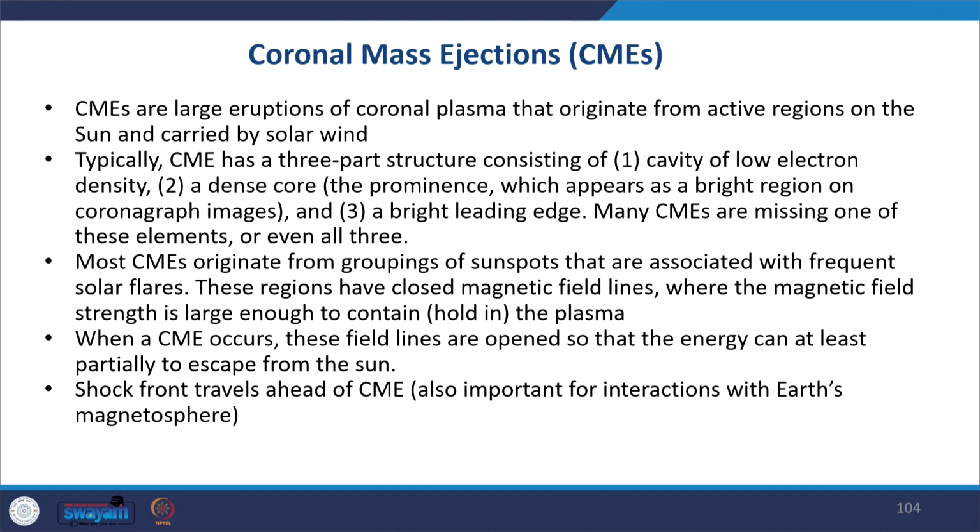That's a different topic. Typically, the coronal mass ejection has a three-part structure, which consists of, one, a cavity of low electron density, and two, a dense core, which is actually the prominence and appears as a bright region on coronagraph images. What are coronagraph images?